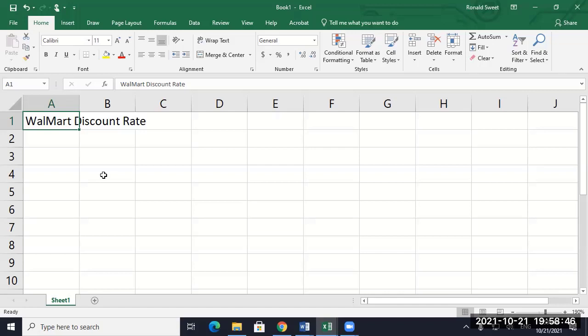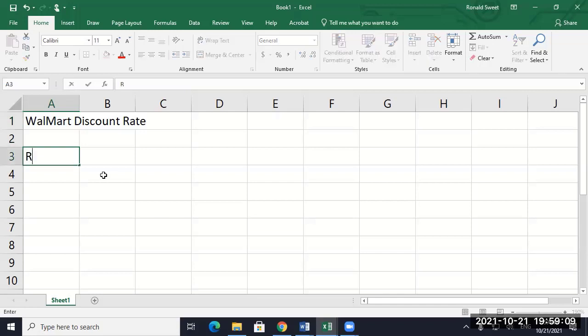So I'm going to cut them down to 2% or something. So you can adjust it. But for most companies, for Walmart, I'm going to use something slightly below that. Just because it's going to be such a competitive industry, I don't think they can actually equal the economic growth of the economy.